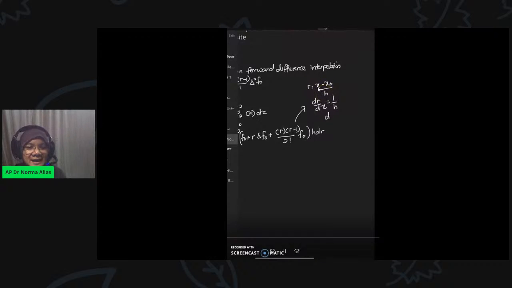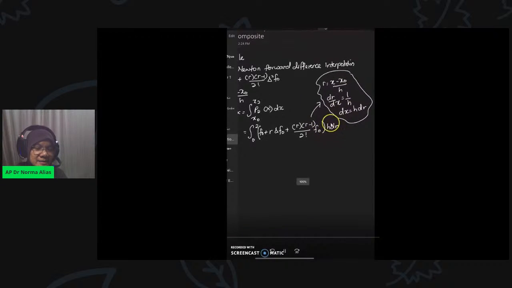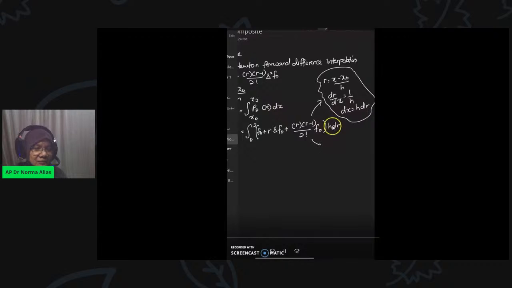So meaning that dx is equal to h dr. All right. So we replace in the integral function, every x we replace with r.